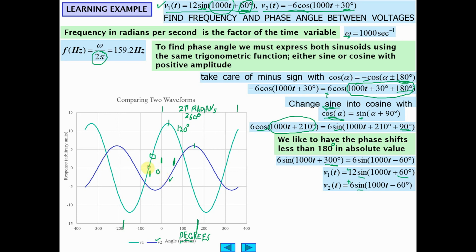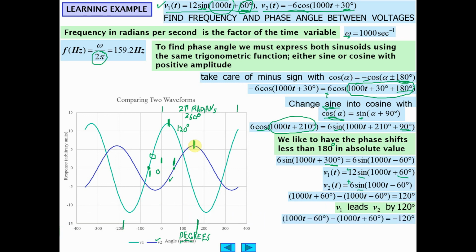It starts here. V2 starts here. Or you can look at the maximums, which I did at the very beginning, and see that the phase difference between the two is 120. Who lags and who leads? It looks like V1 leads and V2 lags.